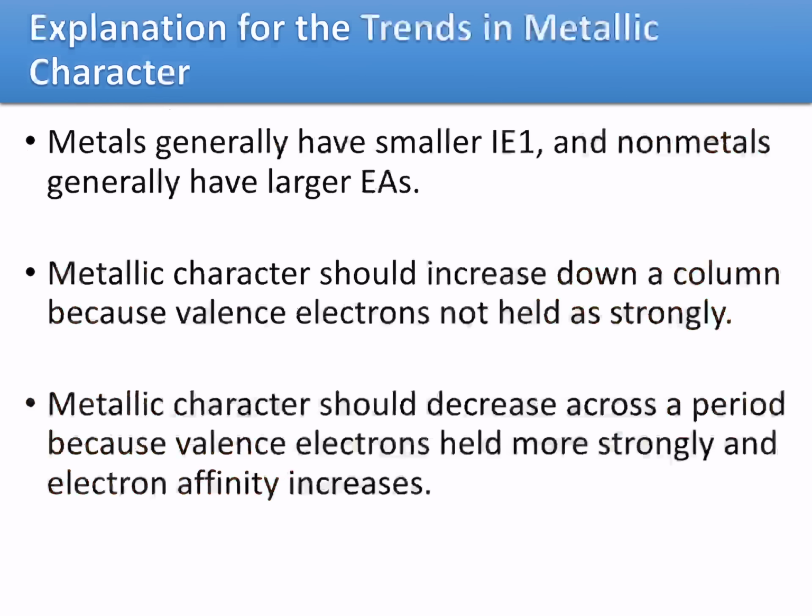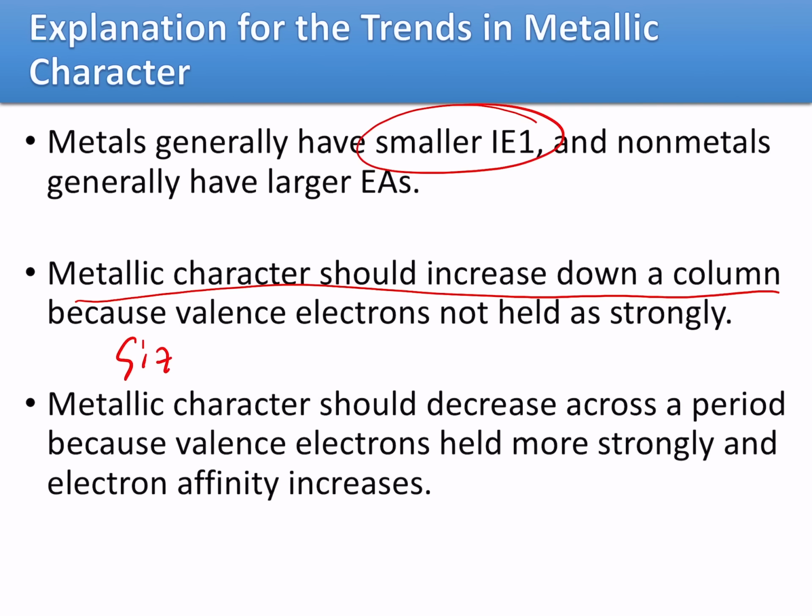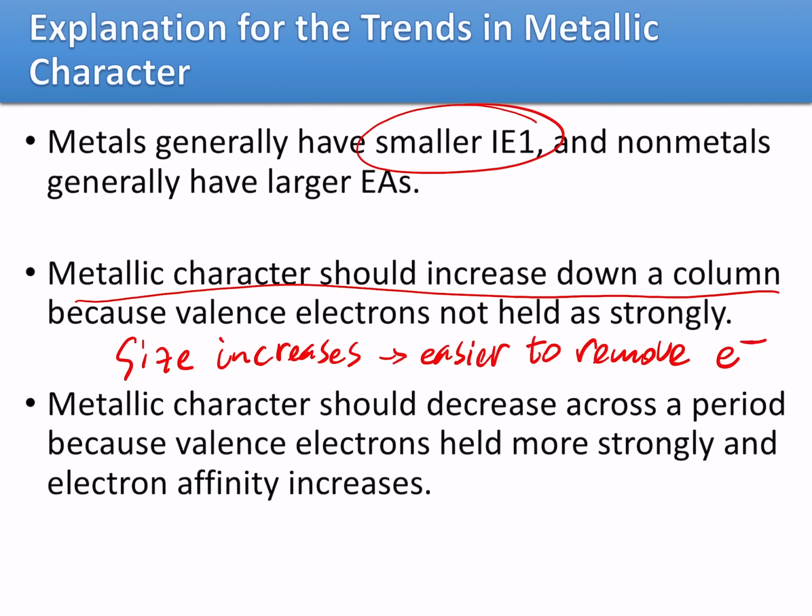Okay, metals always have smaller ionization energy compared to non-metals. And remember, the metallic character increases down the column because of the size. Those electrons are farther away. Size increases, then it's easier to remove electrons, and that's why the metallic character increases.